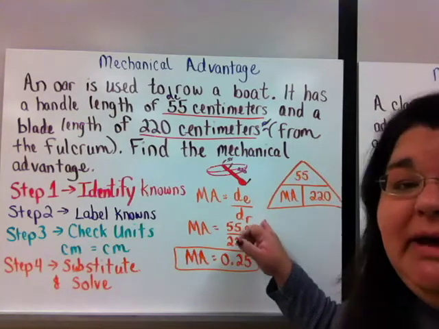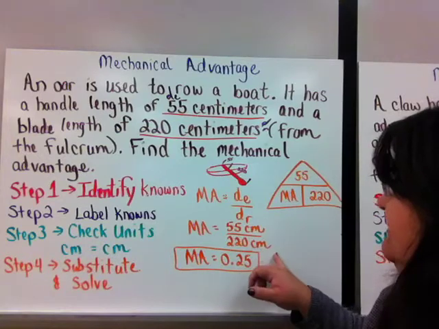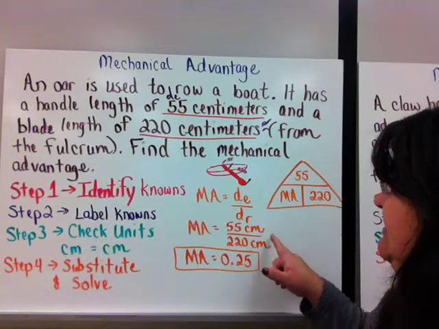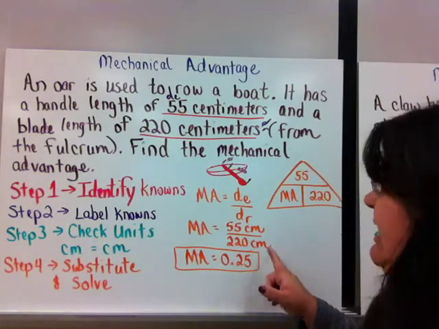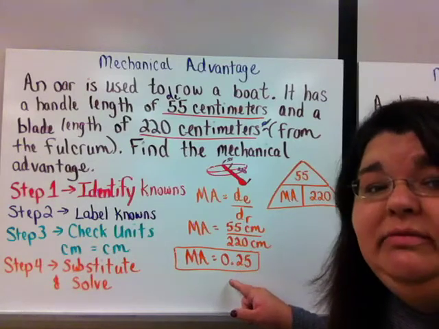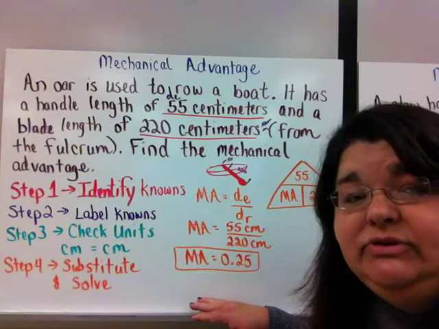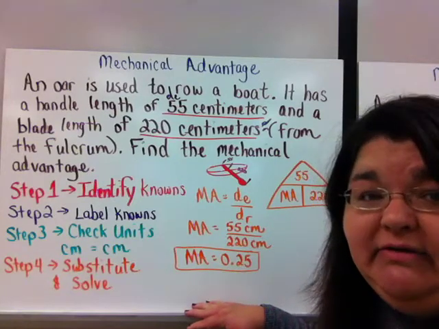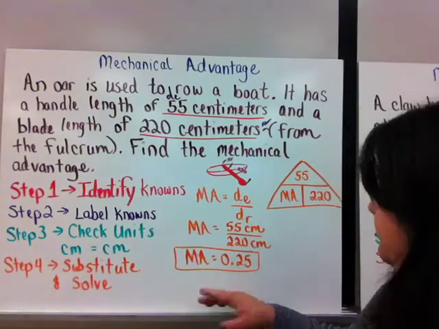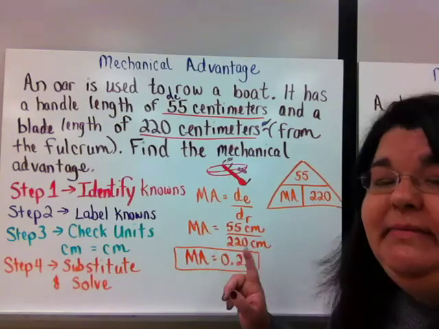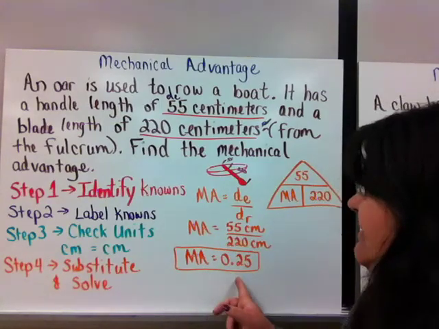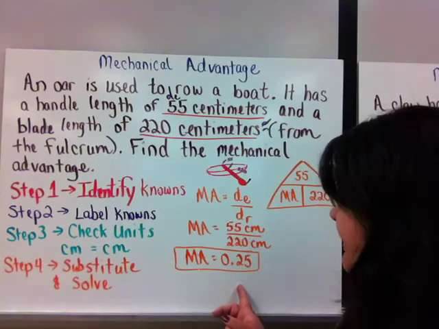So DE divided by DR would be 55 divided by 220. The centimeters will cancel out, leaving me with that ratio that the mechanical advantage should be. This is probably one of the few times you'll hear me say you don't have to have a unit for your answer. So 55 divided by 220 gives us a mechanical advantage of 0.25.